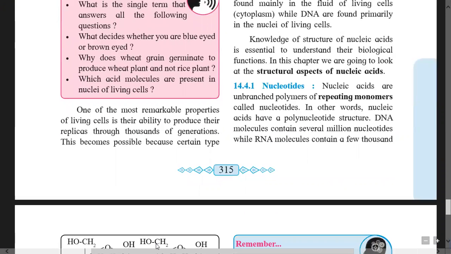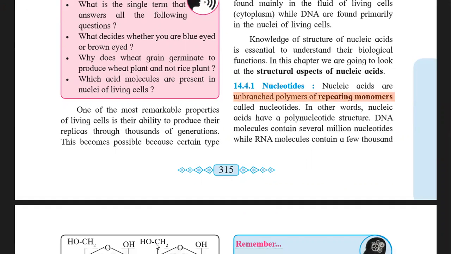So the first component of the nucleic acid is a nucleotide. We know these nucleic acids are polymers, unbranched polymers, and the repeating unit present in the nucleic acid is a nucleotide. So in short, these nucleic acids are the polymers of nucleotides.